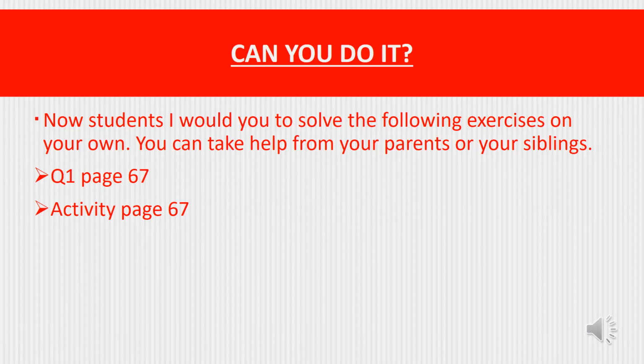In the activity, you have to write at least 3 of your rights and responsibilities as a student. Responsibilities as a student we have done in the questions and answers. You can try and think of the rights you have as a student.